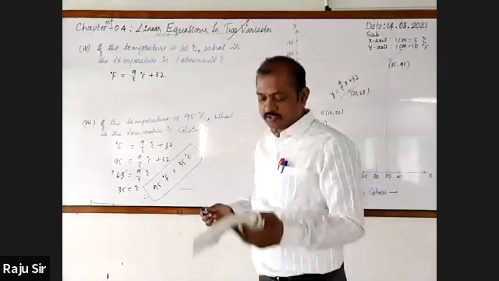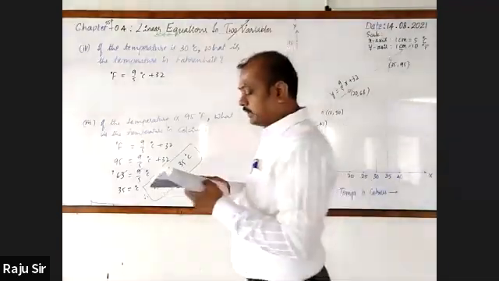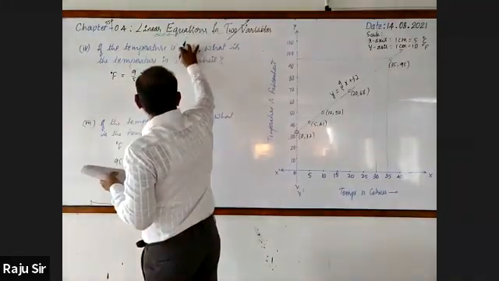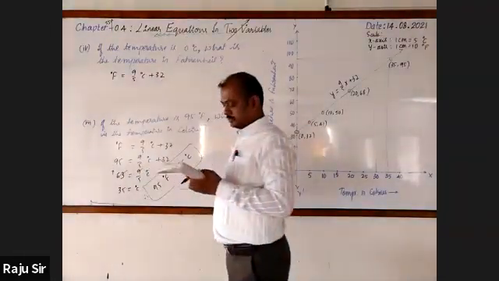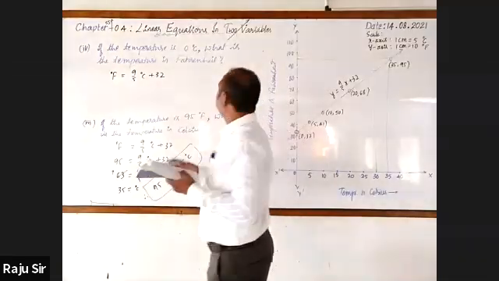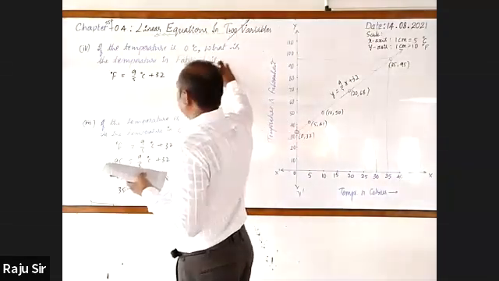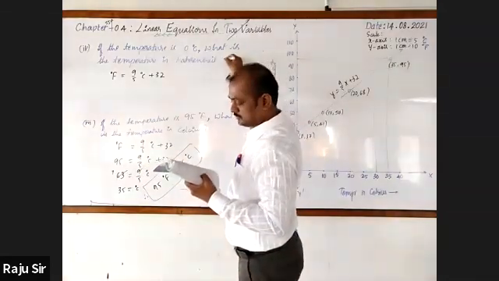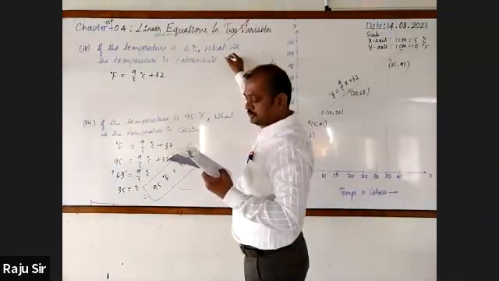Fourth sub question is, if the temperature is 0 degrees Celsius, what is the temperature in Fahrenheit? 32 degrees Fahrenheit. Okay, right.